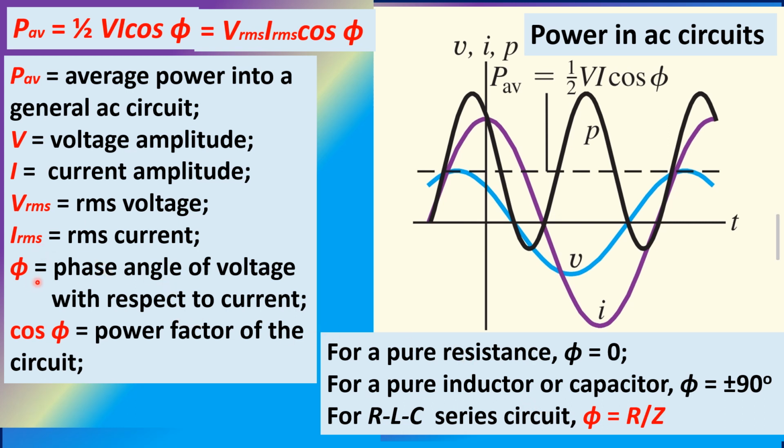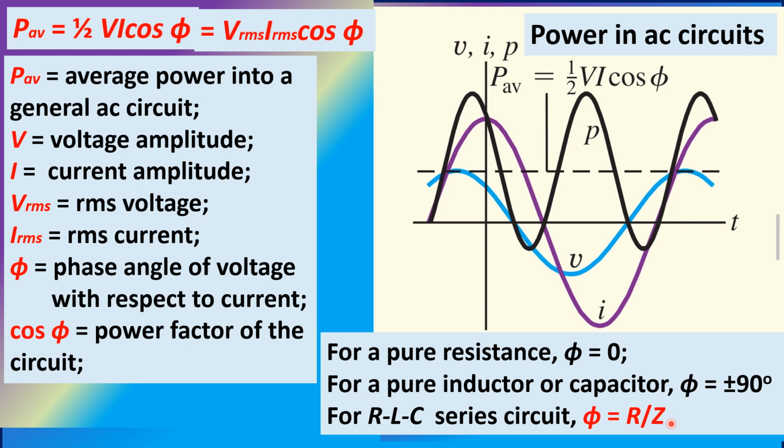Now, for an RLC series circuit, the phase angle phi is also defined through the ratio of the resistance big R to the impedance capital Z. So big R is the resistance in the circuit divided by capital Z, which is the impedance.